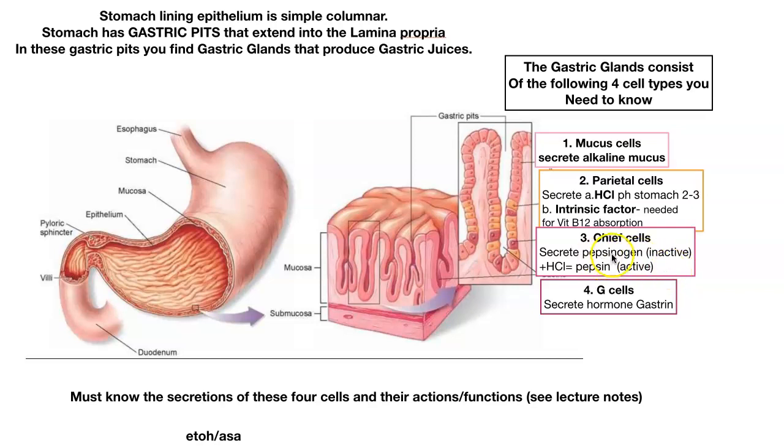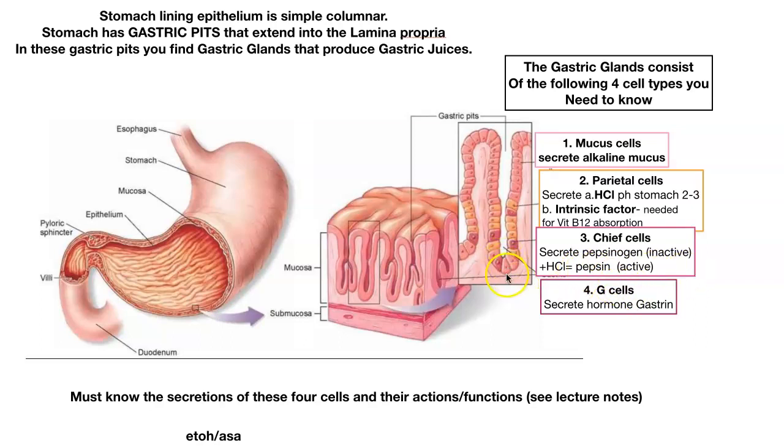So remember, chief cells secrete pepsinogen. That is inactive. Doesn't do anything until it's activated by the addition of hydrochloric acid, which will convert it to pepsin. Pepsin is an active enzyme that will break down protein, pepsin for protein, into amino acids.